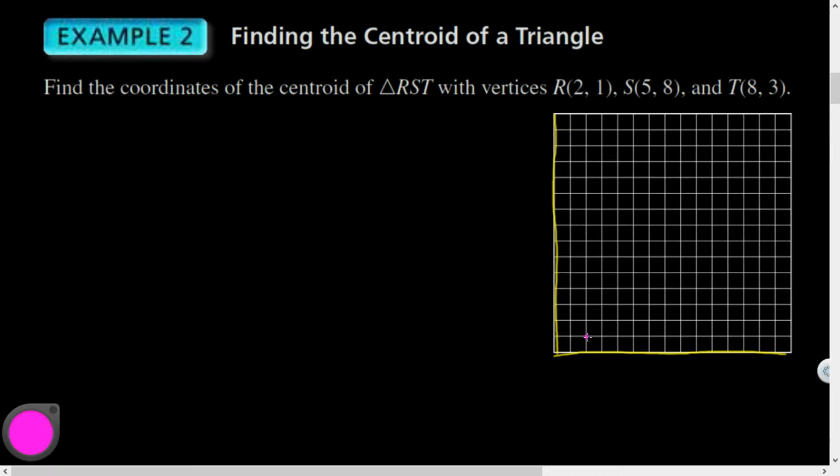Over 2, up 1, R is right there. S is 5, 8, so 2, 4, 5, and then up 8. There's my S. And T is at 8, 3, so 2, 4, 6, 8. Did I count that right? Yeah, and up 3. All right, so there is T.